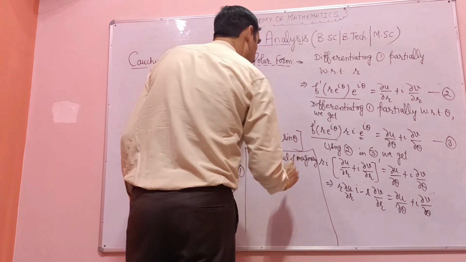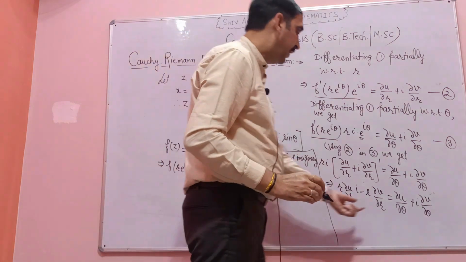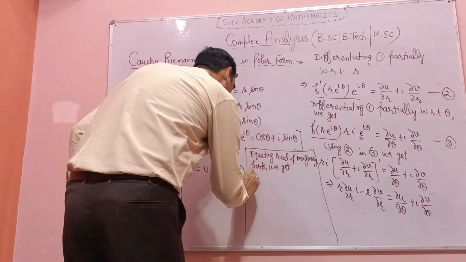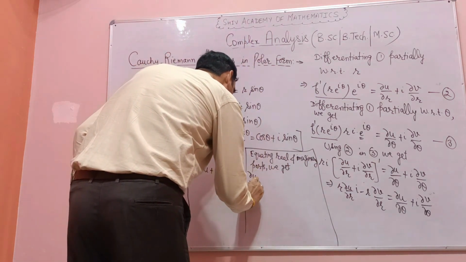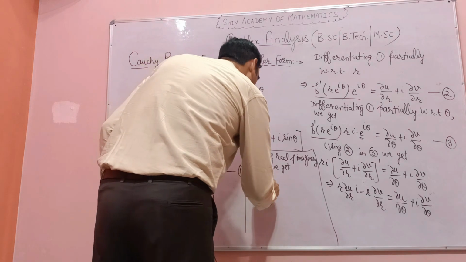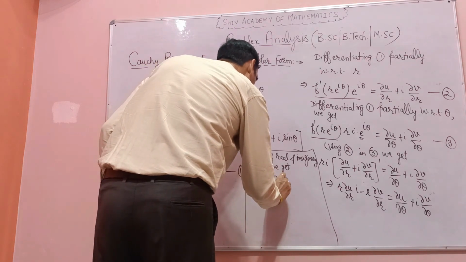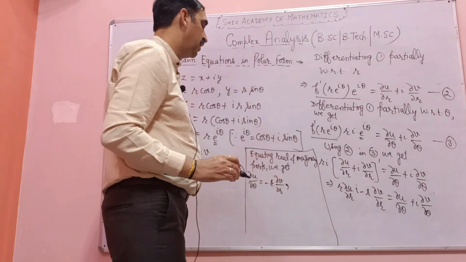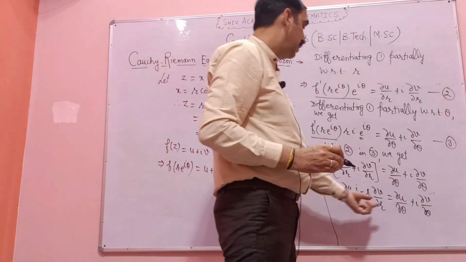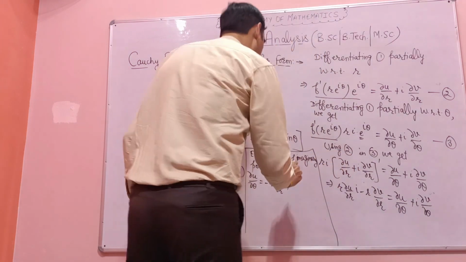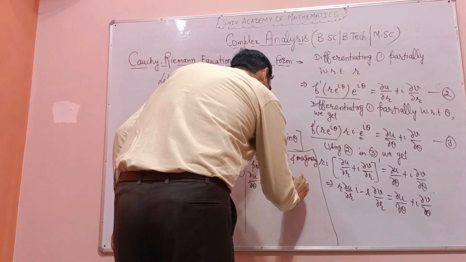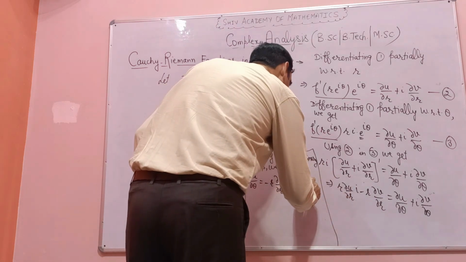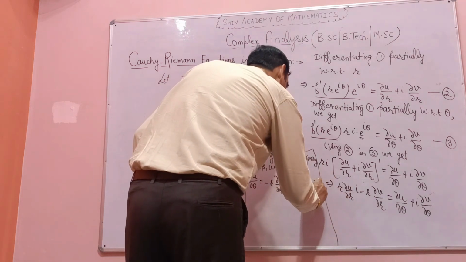We get, when you look at the real part, it is ∂u/∂θ equal to minus r ∂v/∂r, and when you equate the imaginary part, it is ∂v/∂θ, and the left side is r ∂u/∂r.